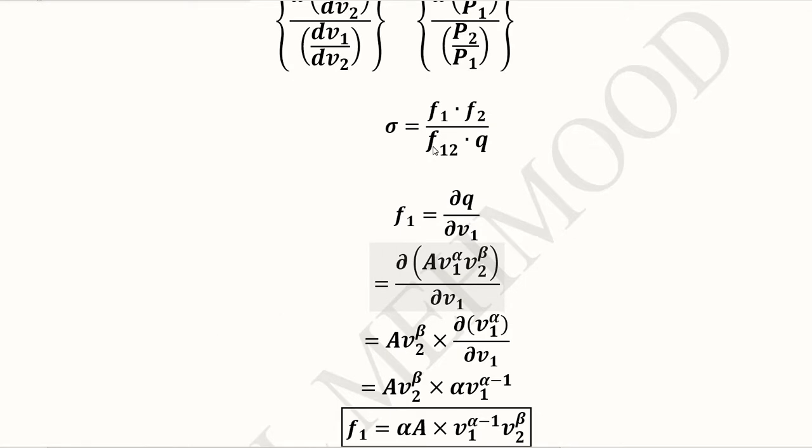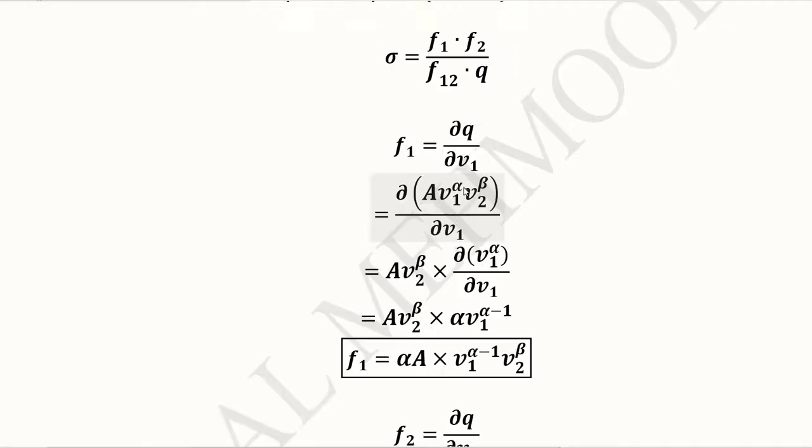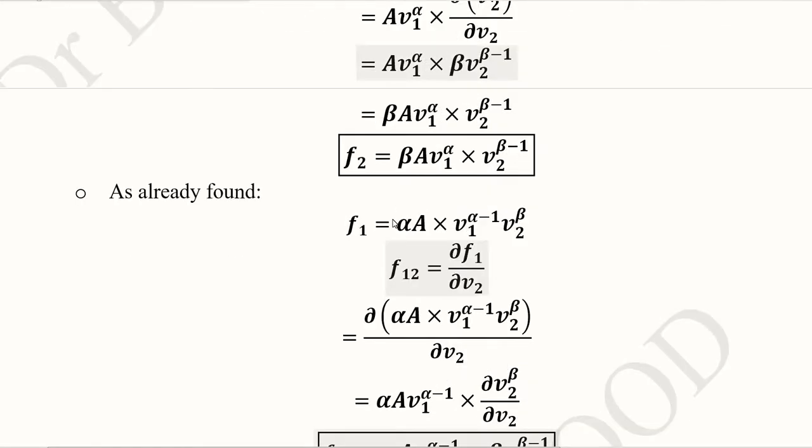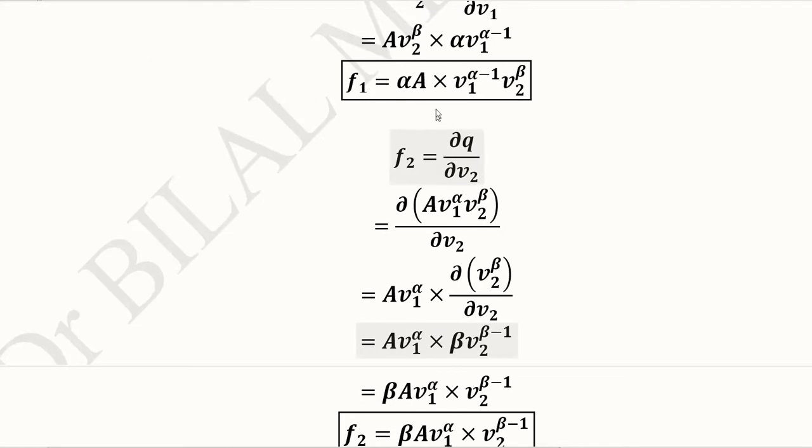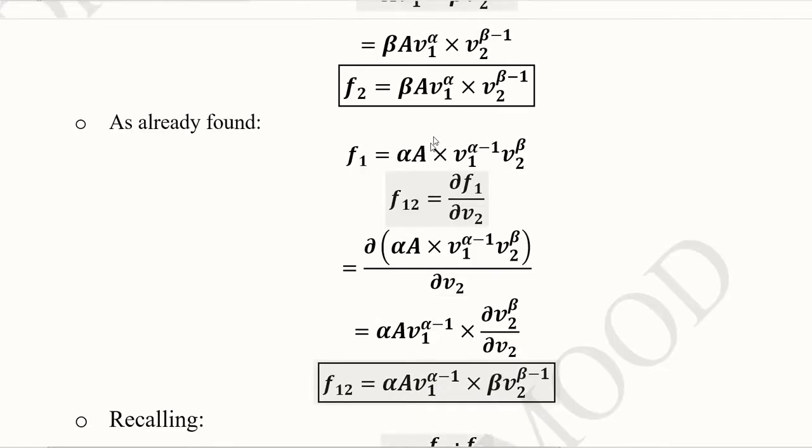Now we need f12 too, and for that we just need to differentiate f1 with respect to v2, because this is the second order cross partial derivative. f1 is already found. We found it here in a few steps, and now we are going to take its derivative with respect to v2.